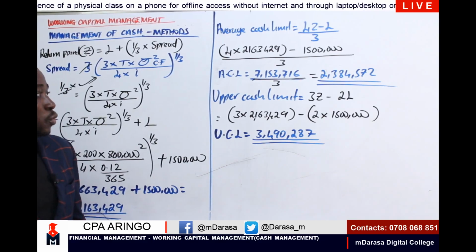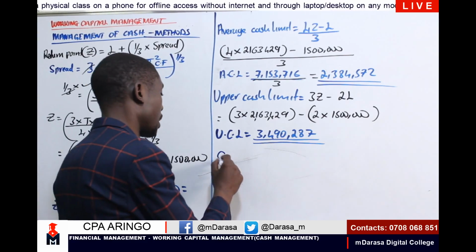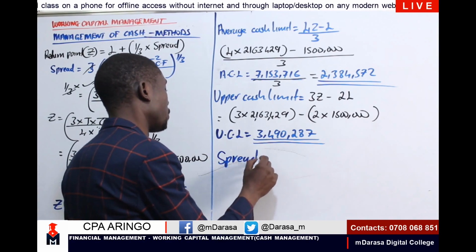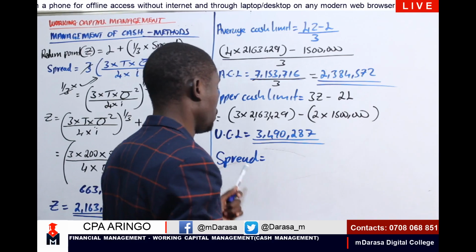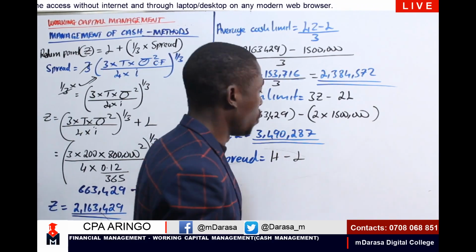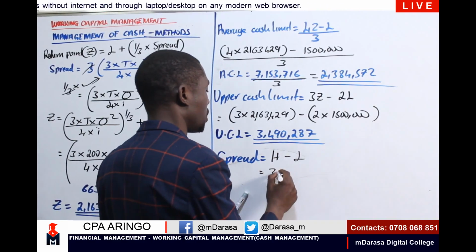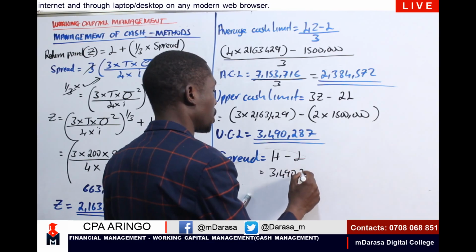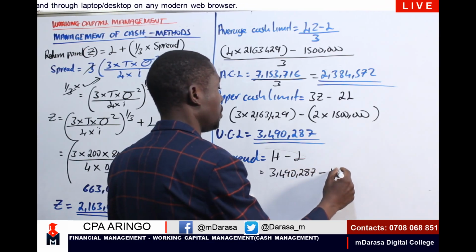What about if we were asked to determine our spread? To determine our spread, we take our higher cash limit minus lower cash limit, where my higher cash limit we've already seen is 3,490,287. Our lower cash limit was 1.5.